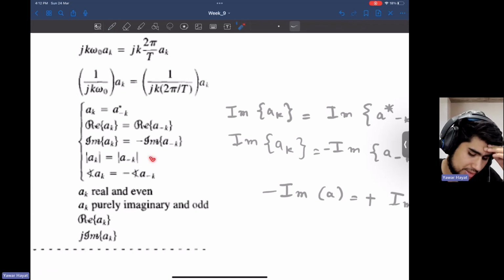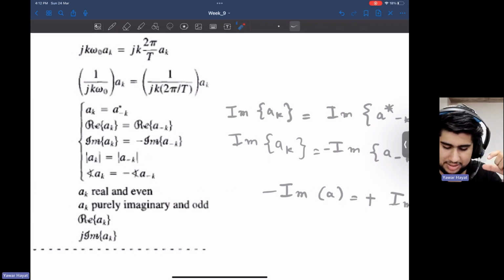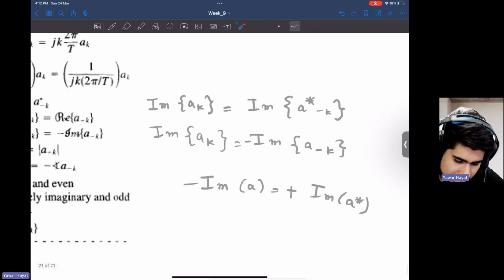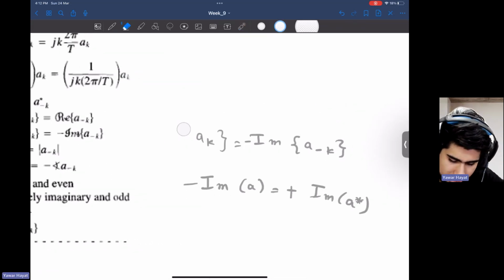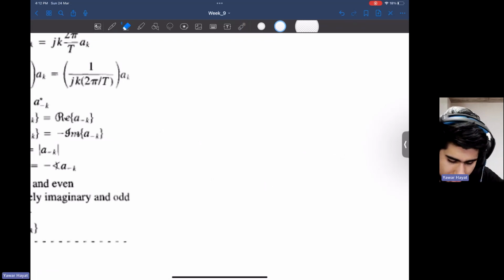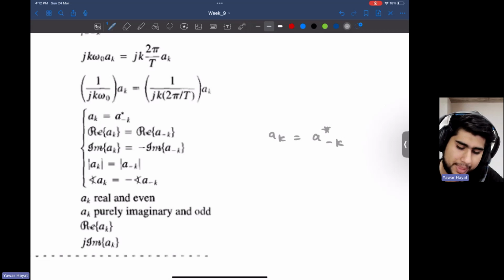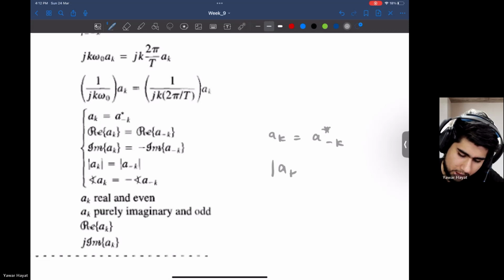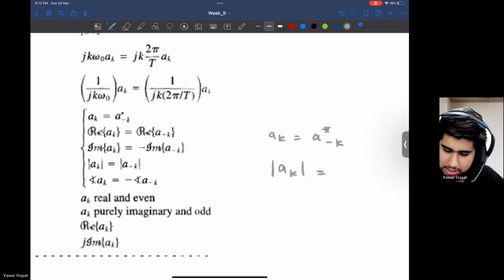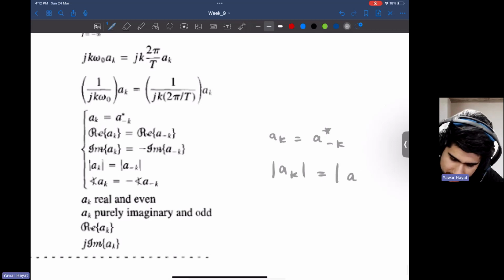Similarly, the mod of a_k is equal to the mod of a_{-k}. I'll show you this as well, and then you will try out the others yourself. So see, a_k is equal to a star of minus k. Taking the modulus of a_k, what would that be? It would be the modulus of a star of minus k.